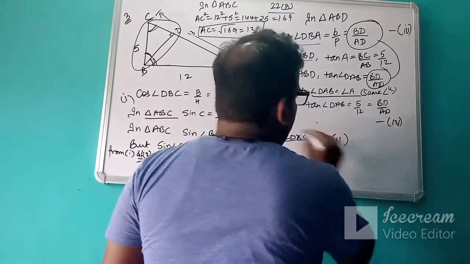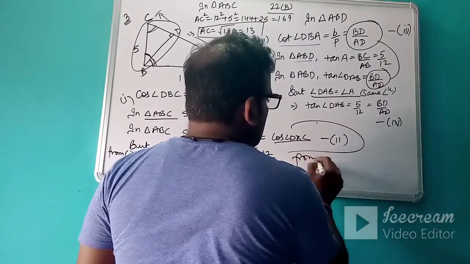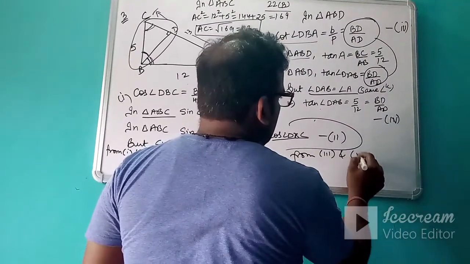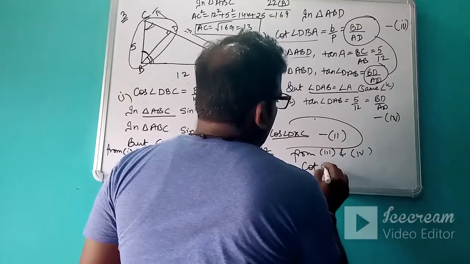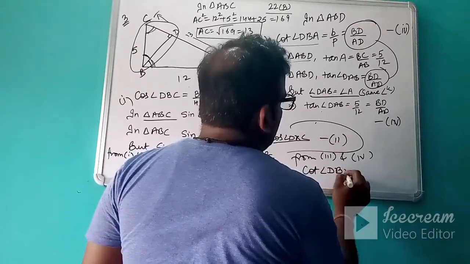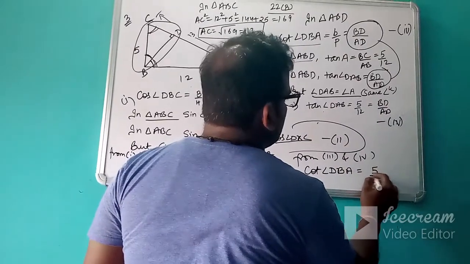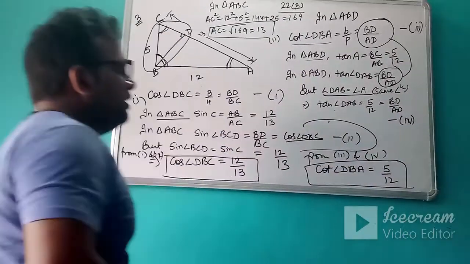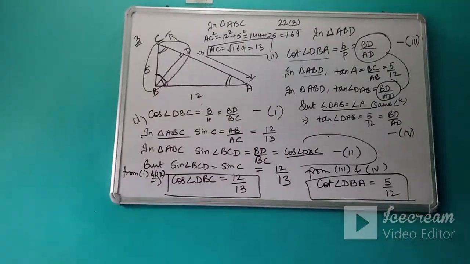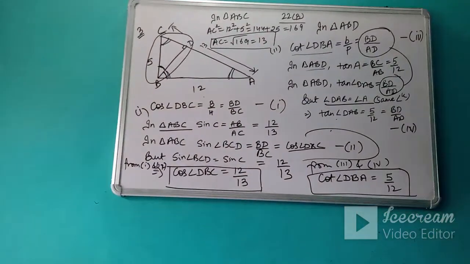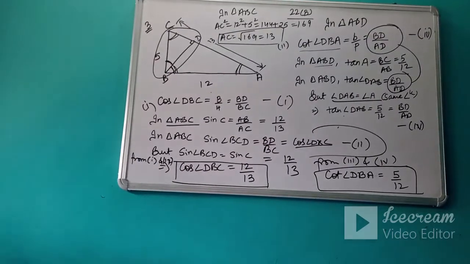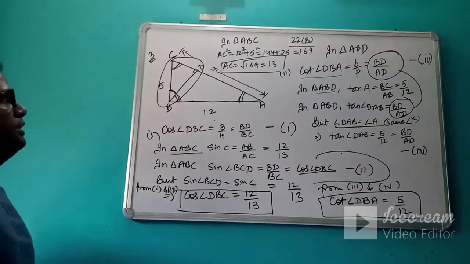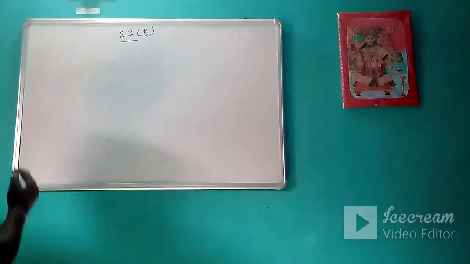From 3 and 4, cot angle DBA is equal to 5 upon 12. So like this you can solve questions of this type. You just try to correlate the values of different angles which you can see in different triangles. Let us discuss one more question.